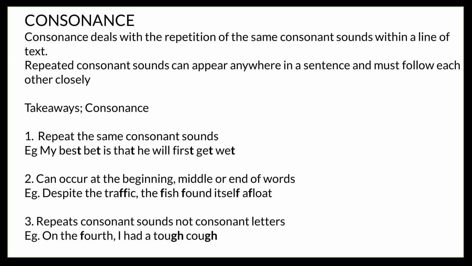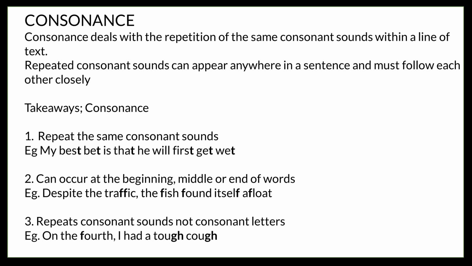2. Consonance can occur at the beginning, the middle, or the end of words in the same line of a text. Example: despite the traffic, the fish found itself afloat. Again, despite the traffic, the fish found itself afloat.